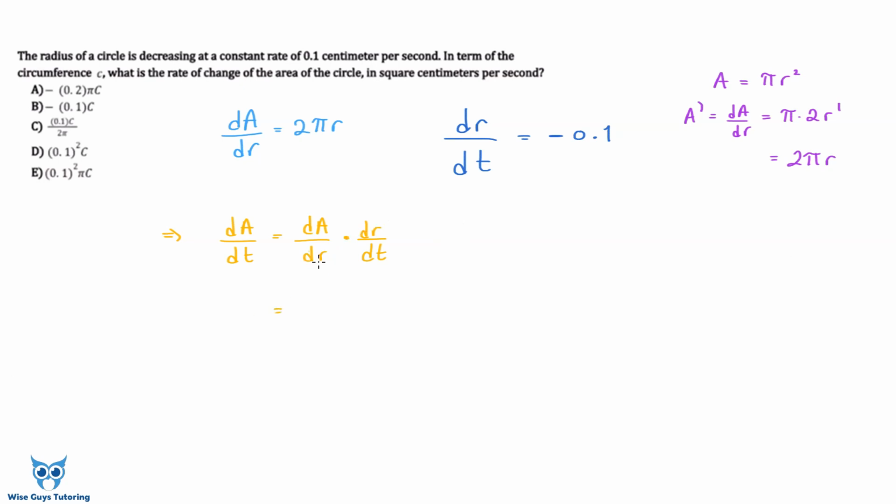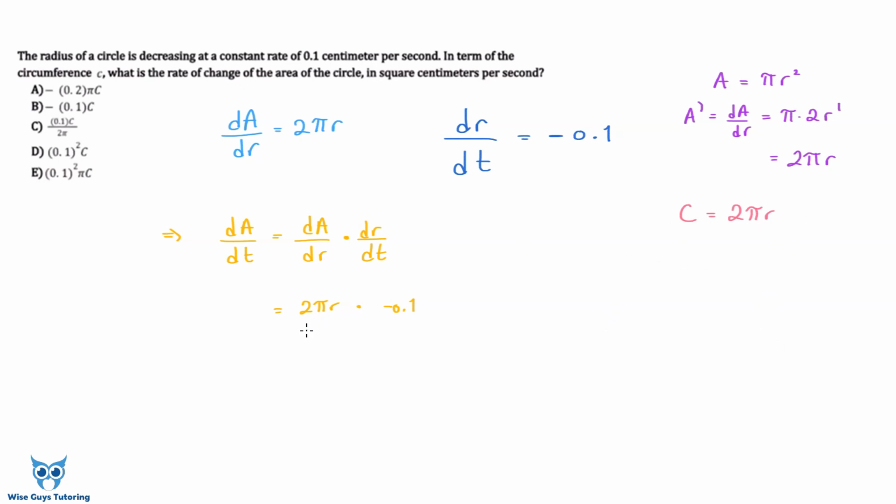So this ends up being 2 pi r, the light blue one, times minus 0.1, the dark blue one. Now hopefully you'll notice that 2 pi r looks familiar. It should, because that's actually the circumference of a circle, meaning the perimeter of the circle.